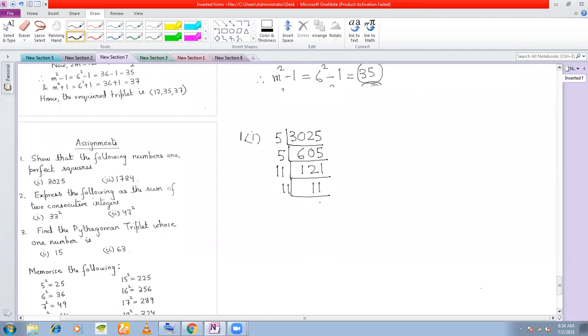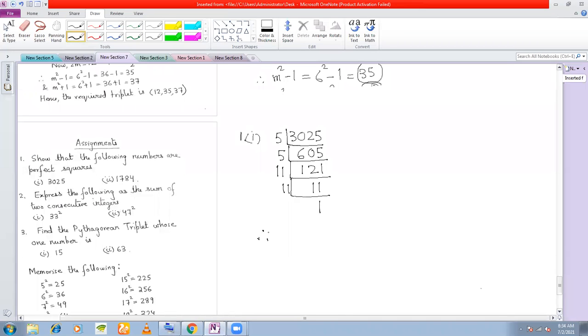I'll be doing divisibility tests later, from there you can very easily find out which number is divisible by which number. But for the time being, you just need to try. We have done 5. Next, you try 6, 7, 8, 9, 10, and then finally 11 you will try. You will get this.